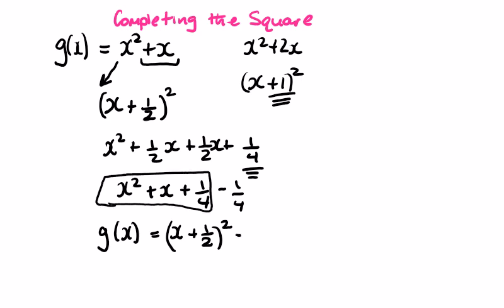So what do I have to do? I have to take away a quarter. So you can see here we got our minimum point to be minus a half: change the sign, keep the sign, will be how we'll identify these graphs. Now starting with a fraction is probably a little bit tricky, so I'm going to show you a slightly easier one and then maybe come back and look at this one again a second time.